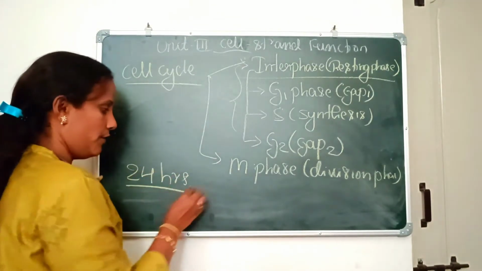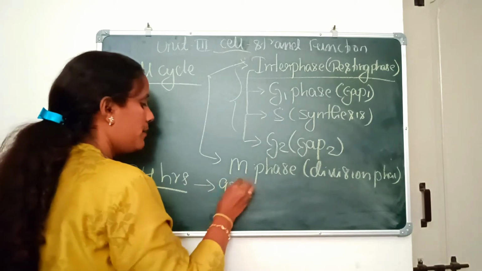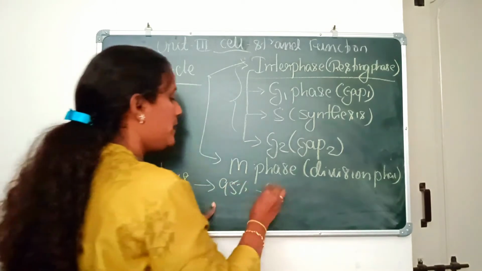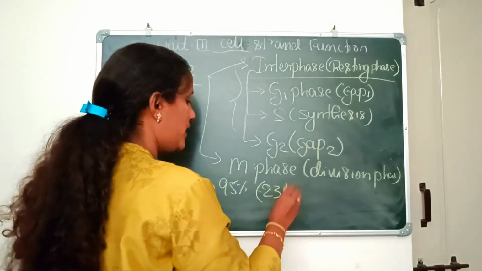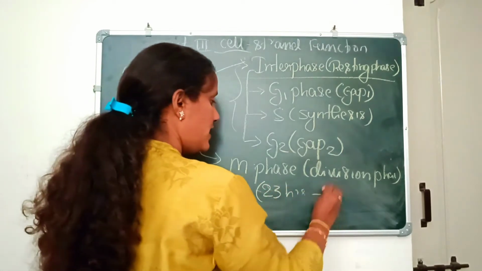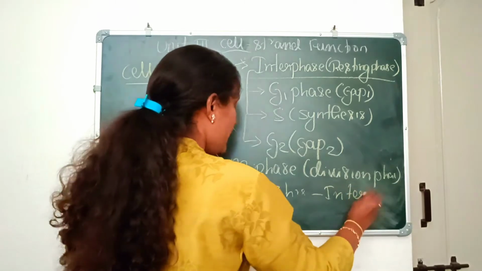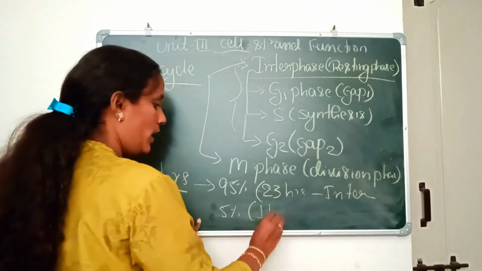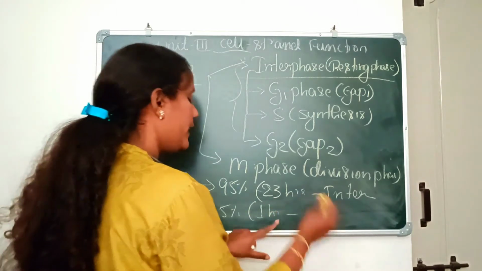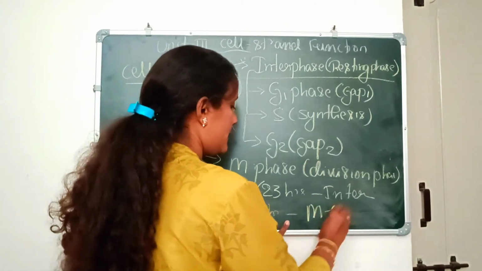So in 24 hours, 95% of it, approximately 23 hours, will be spent in interphase, and the remaining 5%, about 1 hour, will be spent in M phase.